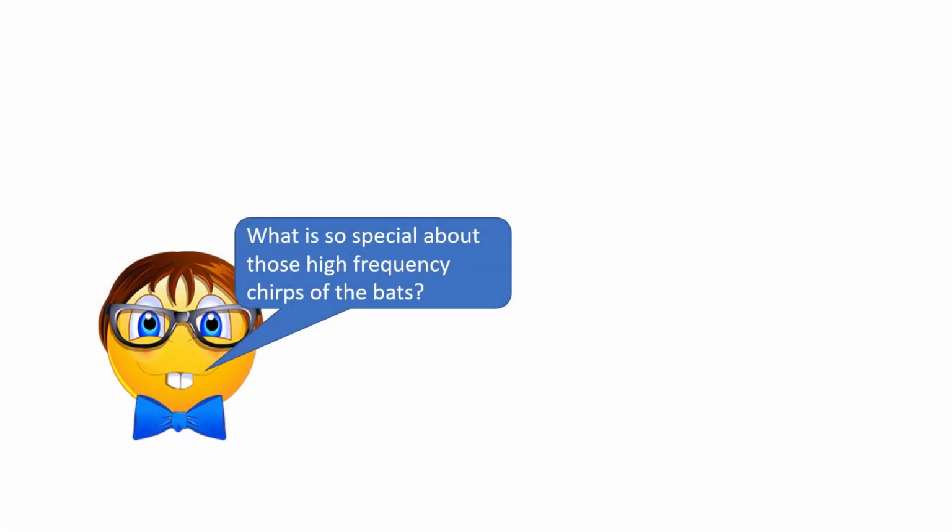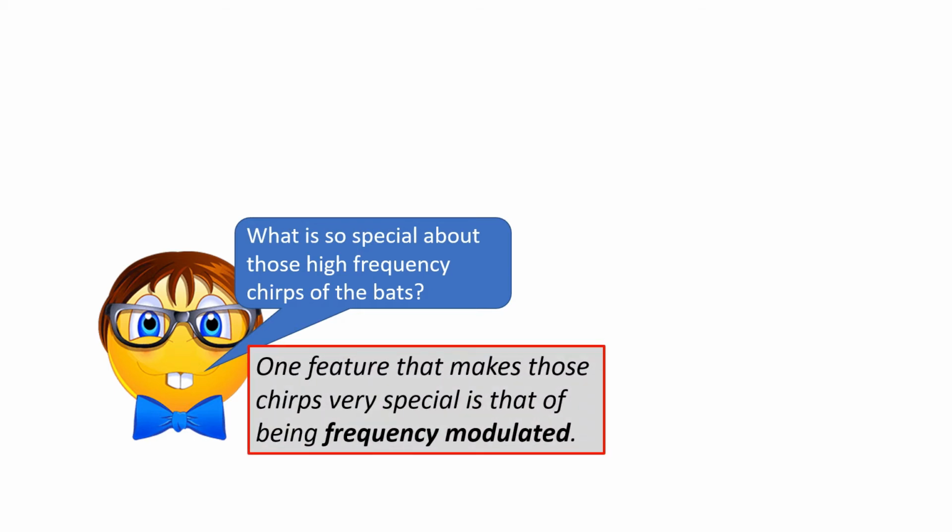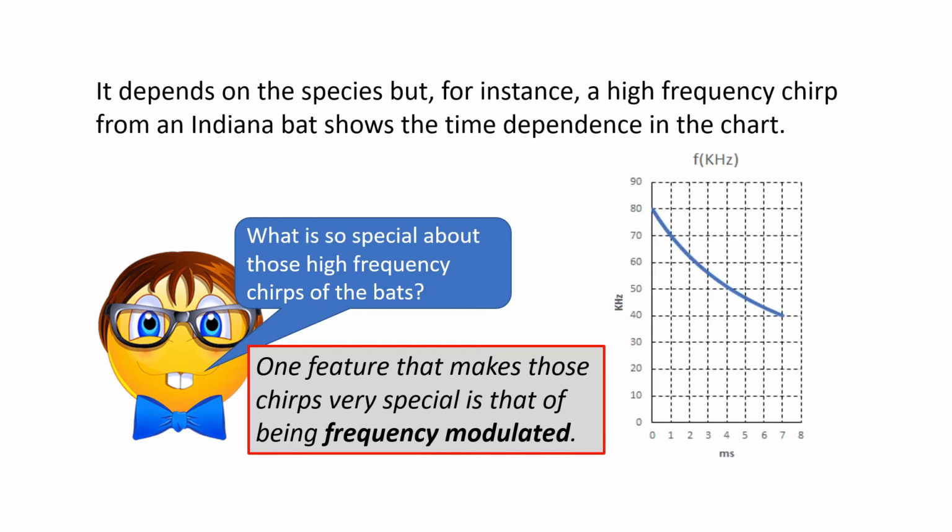What's so special about those high-frequency chirps of the bats? One feature that makes those chirps very special is that of being frequency modulated. It depends on the species. For instance, a high-frequency chirp from an Indiana bat shows the time dependence in the chart.